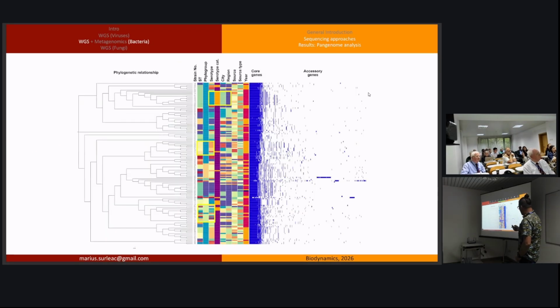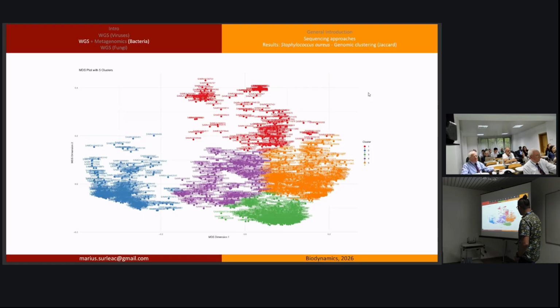In terms of fine genomic analysis, we can use the information in each genome, and we can look at the core genes that are found in all the genomes. But as I said, we are mostly interested in accessory genes to see which features are determined by specific accessory genes. And we can also look at the metadata of the genomes that we analyze.